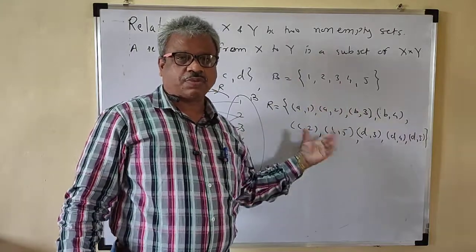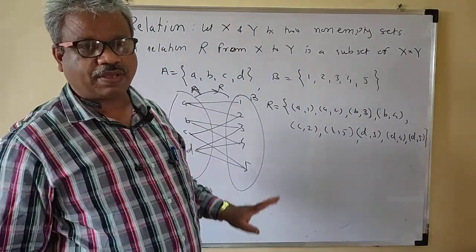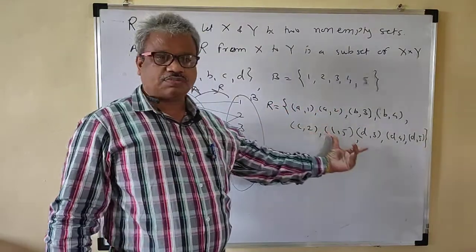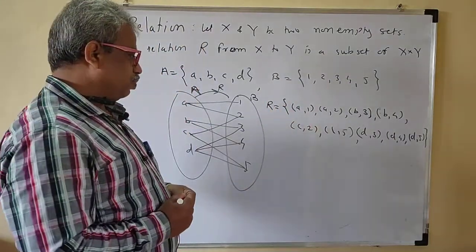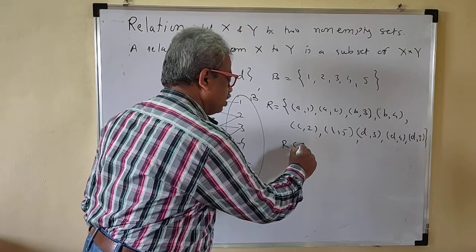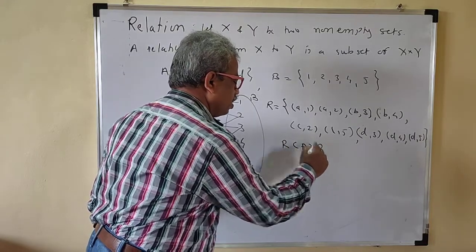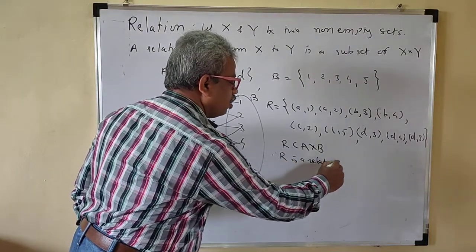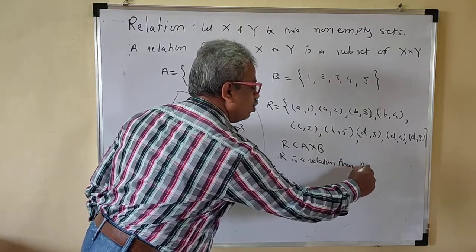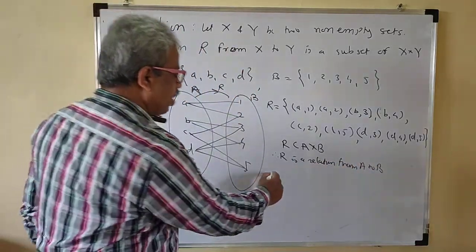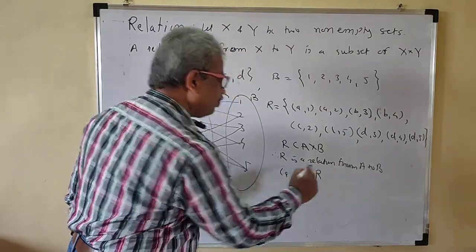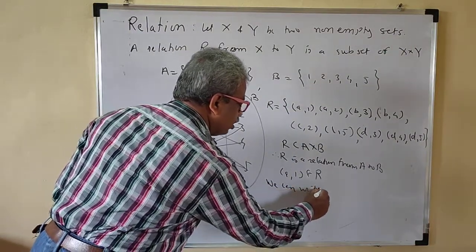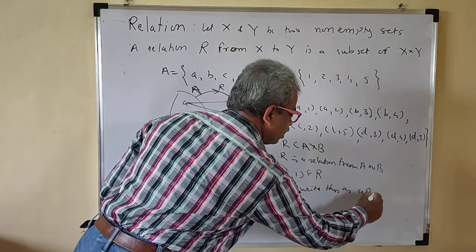Now this is a subset of A cross B, and any subset of X cross Y is a relation from X to Y, or from A to B. So R is a subset of A cross B, which means R is a relation from A to B. Now here (a,1) belongs to R, so we can write this as a is related to 1.